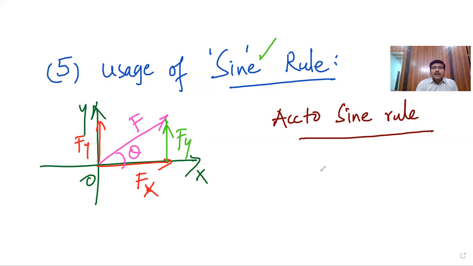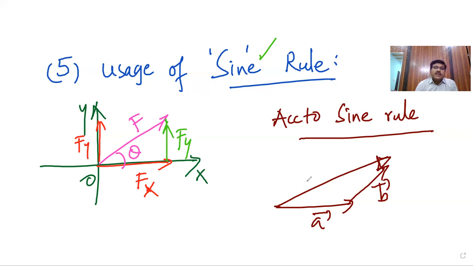Observe, if this is the a bar vector, this is the b bar vector, and this is the a plus b bar vector. Clear? These are the three vectors.